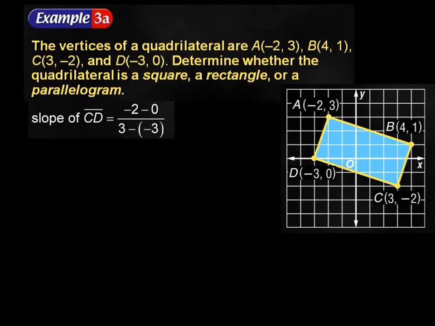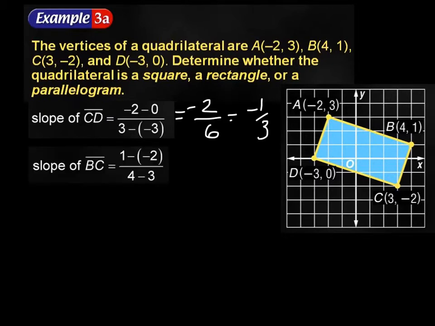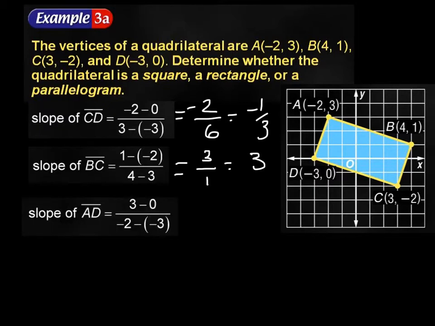So for CD, we've got negative 2 minus 0 over 3 minus negative 3, which would be negative 2 over 6, which is negative 1/3 when we reduce. And BC, we've got negative 1 minus negative 2, so that's going to be 3 over 4 minus 3 is 1. Okay, so those two appear to be perpendicular. Slopes are opposite reciprocals.